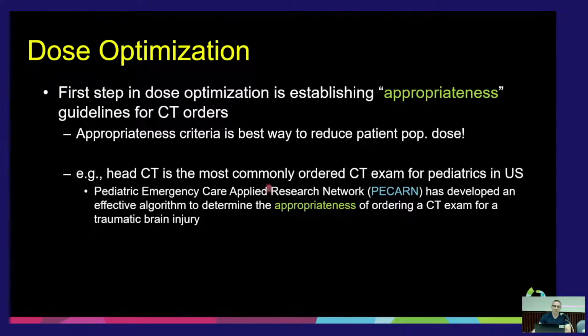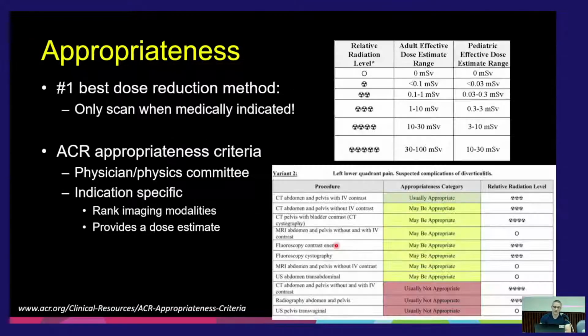And so they've gone through and developed this algorithm, and depending on the score that you give them, not always do we need to give a CT. In fact, for a good part of the PECARN algorithm, a lot of it is just observation and then wait. And so obviously that helps us to optimize the dose for our pediatric patients.